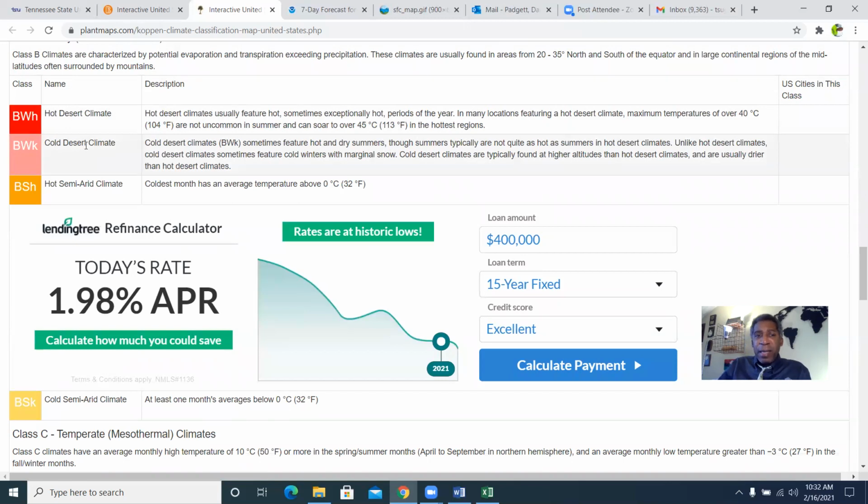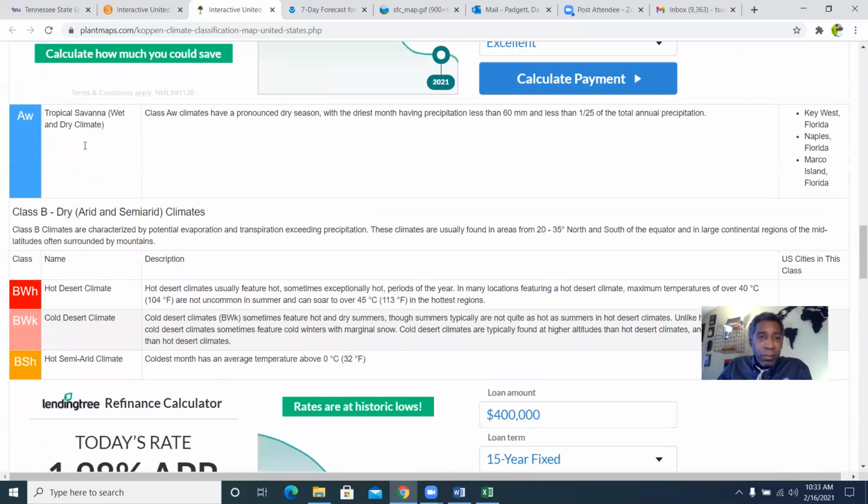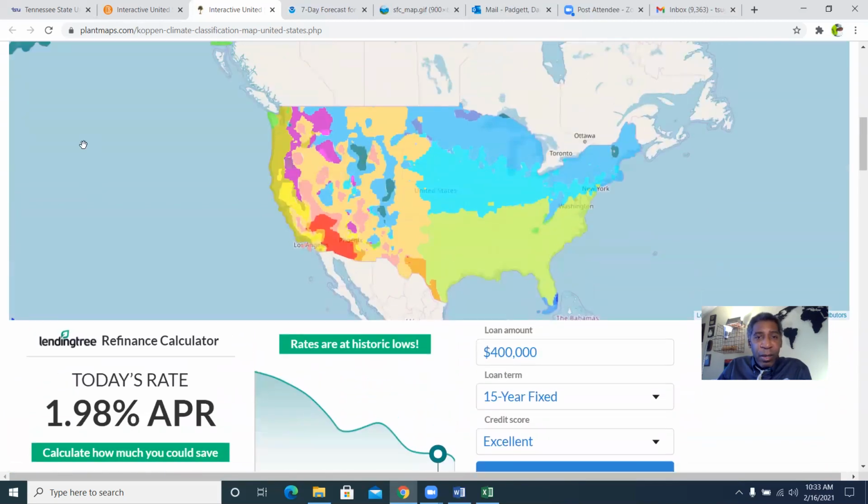A lot of us might not say cold desert, but yes, there are places in Oregon and Washington State that we would call cold deserts. These places are dry.